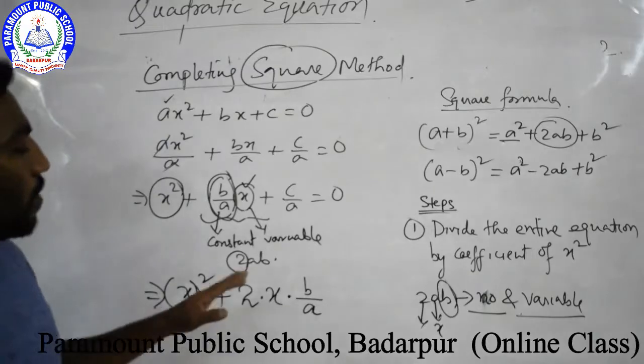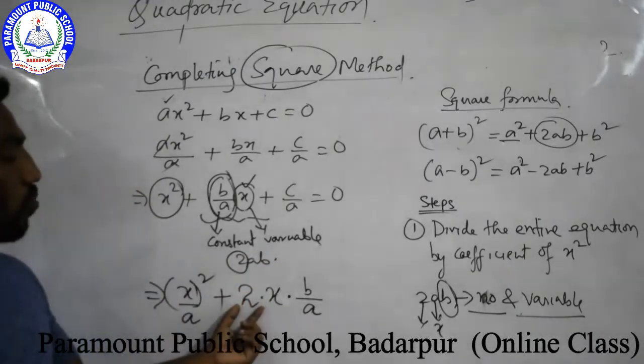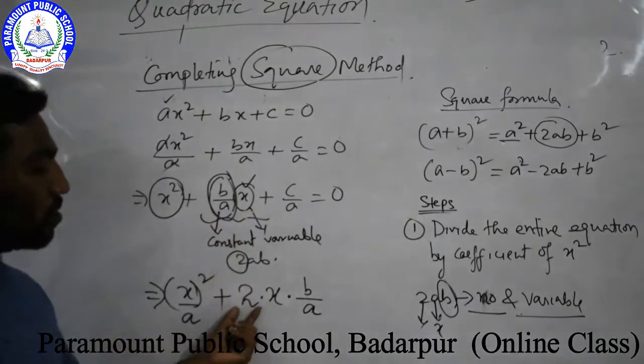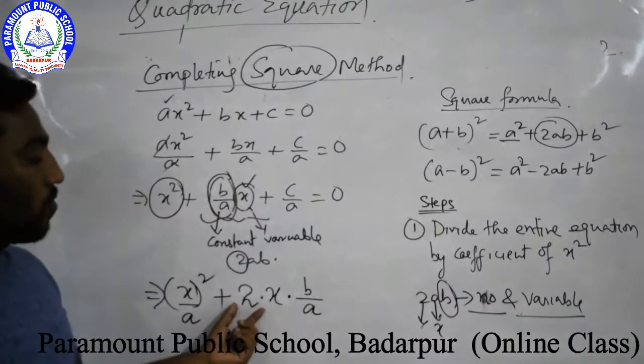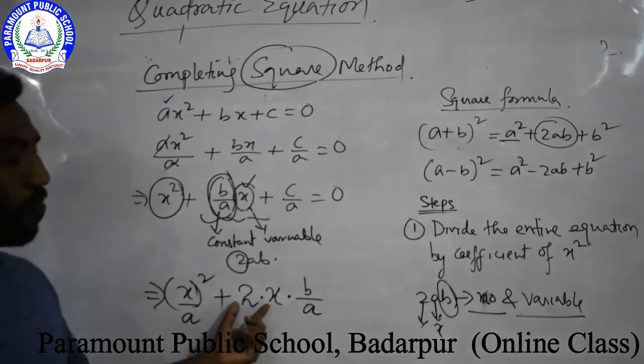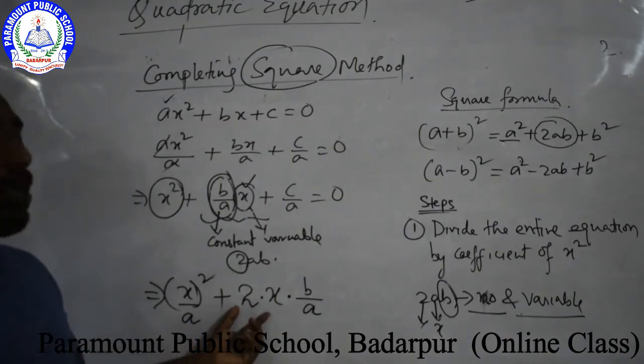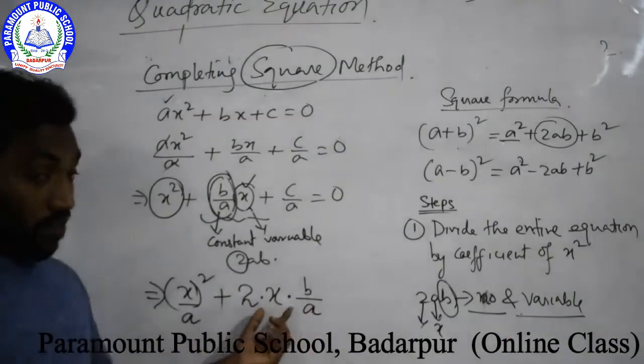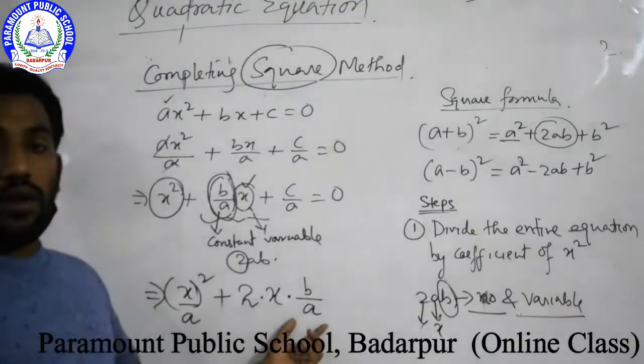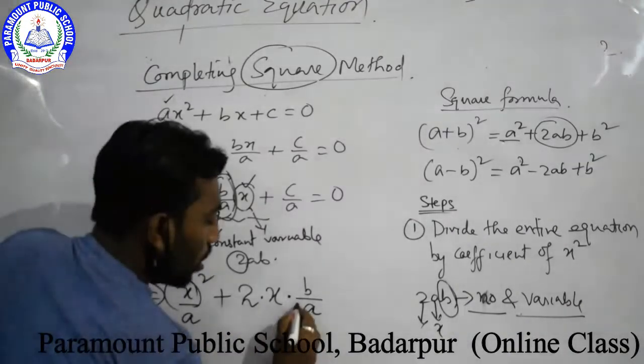But students, you can see this 2 is not present here and I brought this 2 from outside. So I have to eliminate this 2 because I multiplied it. How will it be eliminated? Multiplication gets eliminated when we divide by the same number in the denominator. So write the 2 here.